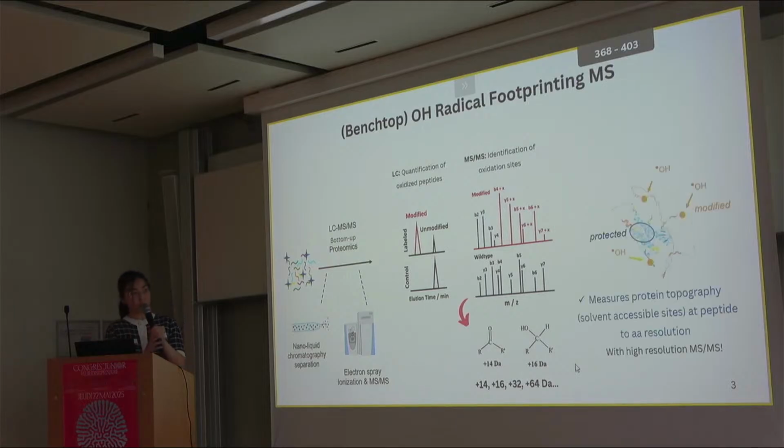Taking together all the results, we can measure the protein topography, also called solvent accessible sites, at peptide or amino acid resolution, which of course requires high resolution mass spectrometry. And we can understand which amino acids are more at the surface and which are more protected. But we of course need to compare that with AlphaFold predictions.